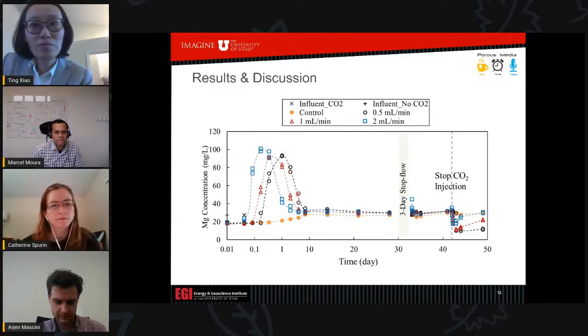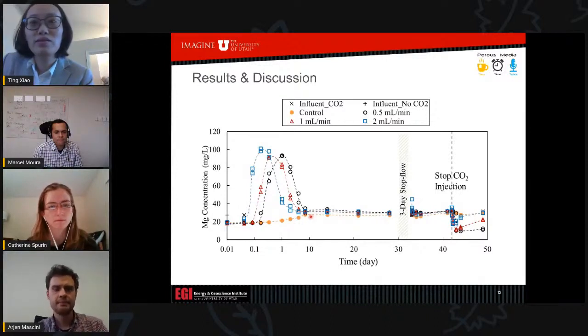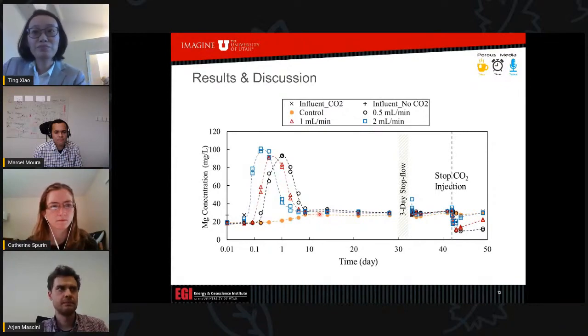The concentration drops to the baseline. We interpret that it's because dolomite is a trace mineral in the sediment, and it is likely to be exhausted.